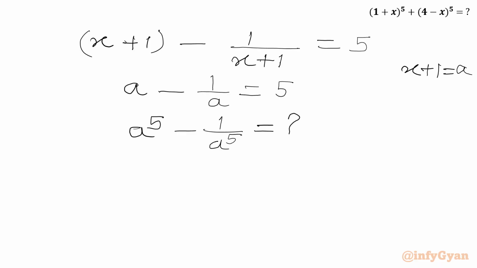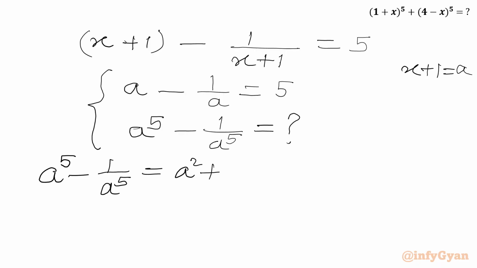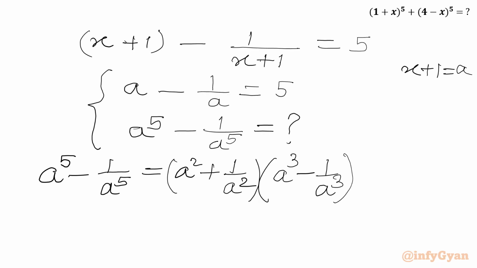Now the question is a simple one. We can utilize one algebraic identity, or we can derive immediately: A^5 - 1/A^5 would be equal to (A² + 1/A²)(A³ - 1/A³) minus the cross product terms. If I multiply A² with A³, I will get A^5.